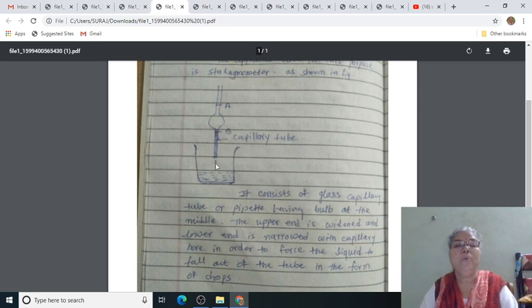Here simply we have to measure how many drops are formed for a definite volume of a liquid. This is the construction and working of the stalagmometer. Here stalagmo is a Latin word which means drop.